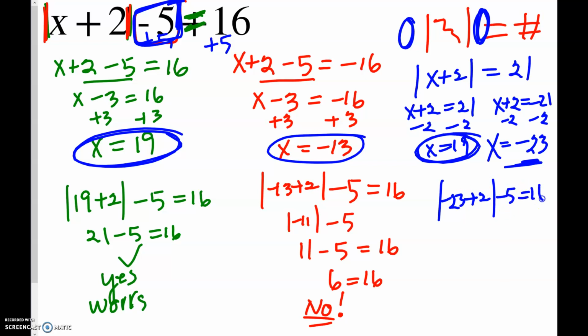Does that give me 16? So negative 23 plus 2 is a negative 21. The absolute value of negative 21 is 21, and 21 minus 5 is 16. That's what we wanted to get. So it's not just automatically set up the two cases. You must have the absolute value by itself.